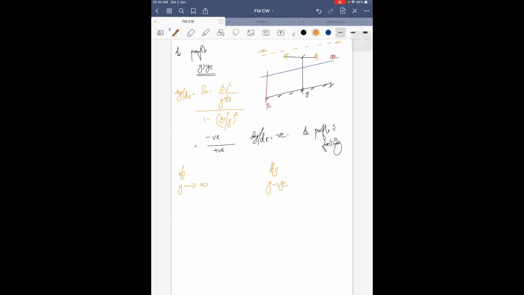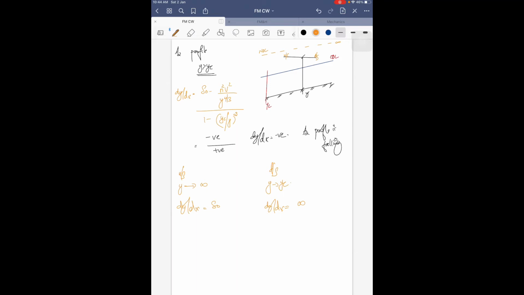We know that when y tends to infinity, dy by dx is equal to S0, and when y tends to yc, dy by dx is infinity. We have seen these conditions a number of times, even in the case of horizontal slope, steep slopes and mild slopes.